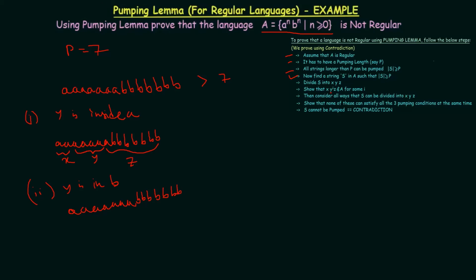The answer or the proof shall be the same every time, but I'm just taking another approach. So again, 4 B's. Let's take these 4 B's. This is my Y. This total thing is my X, and this is my Z.